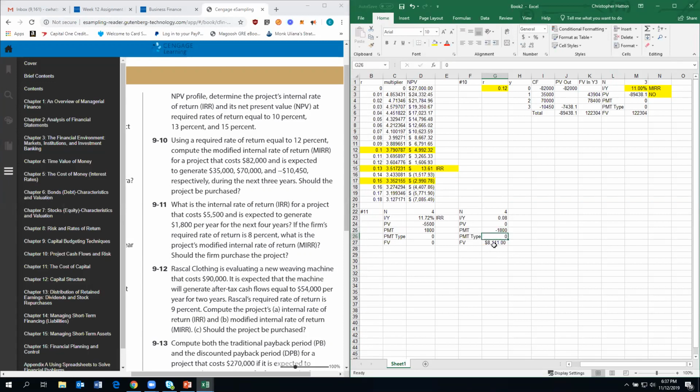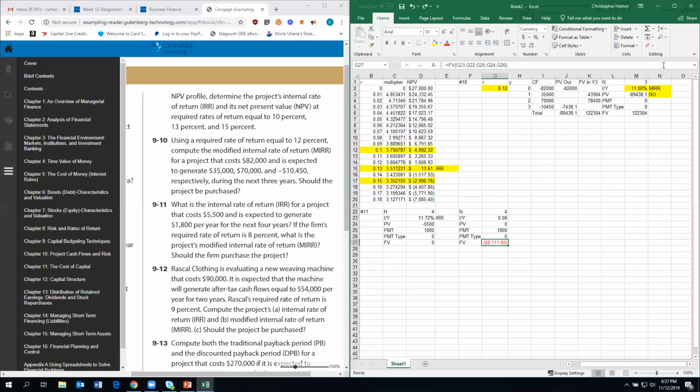And then that would give you the positive number that you need for future value. Or you can undo that, just take the positive number of this output. So just remember that it needs to be positive.